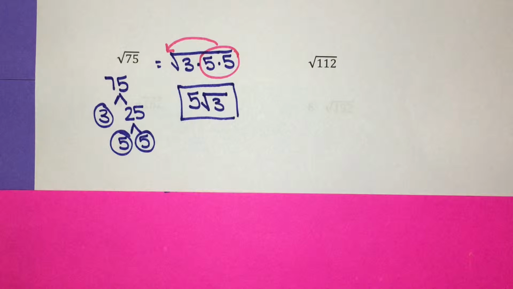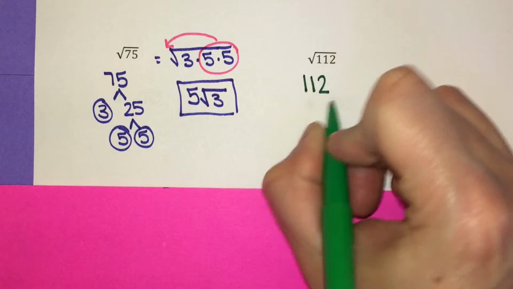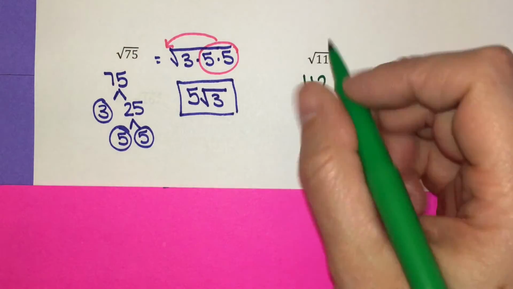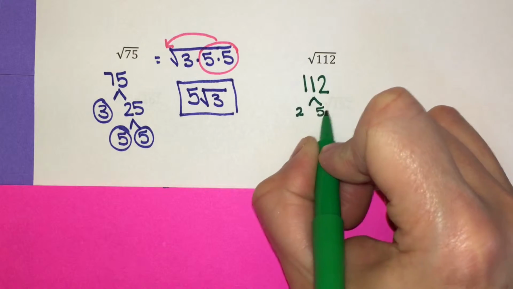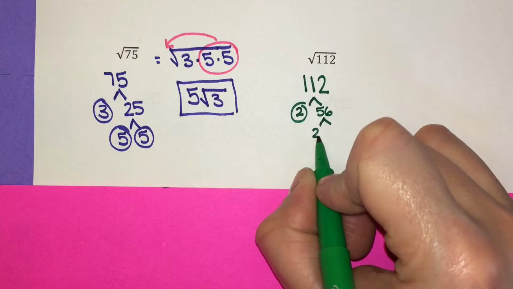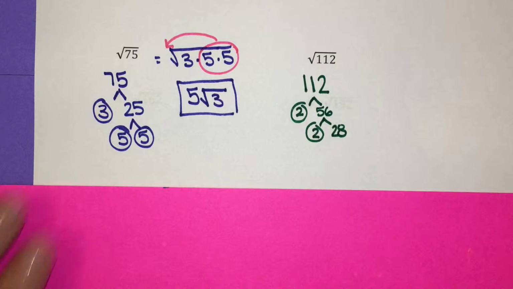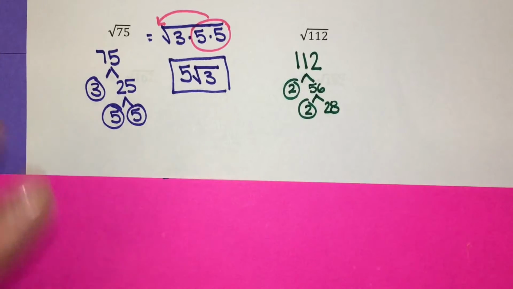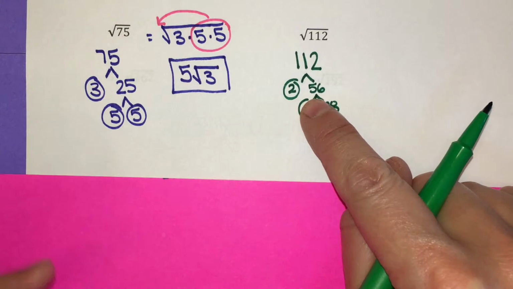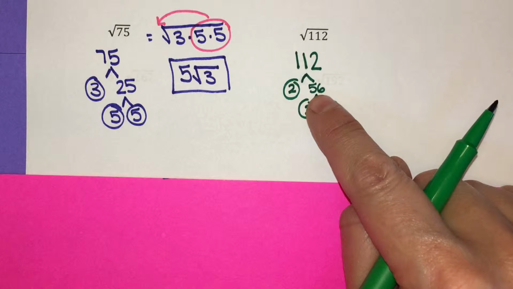All right, square root of 112. We're going to take 112 and break it down to 2 times 56. 56 breaks down to 2 times 28. If you don't know exactly off the top of your head what you can divide 56 by, just use your calculator, type in 56, and start dividing it by different values to see what you can divide it by.